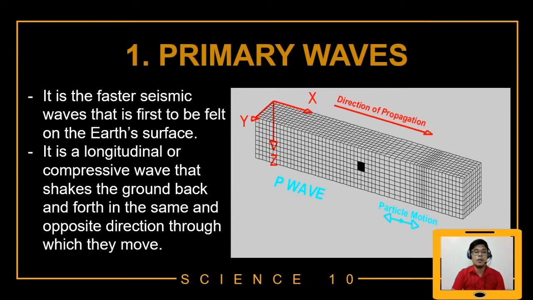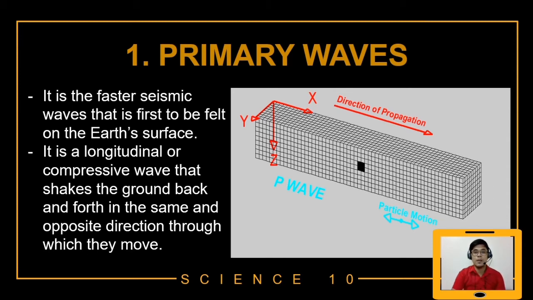And moreover, it is also a longitudinal or compressive wave that shakes the ground back and forth in the same and opposite direction through which they move. And as you can see here in the GIF, we are showing how the longitudinal and compressive wave happens, with the ground bouncing back and going back and forth in the same and opposite direction to where the seismic waves are going.